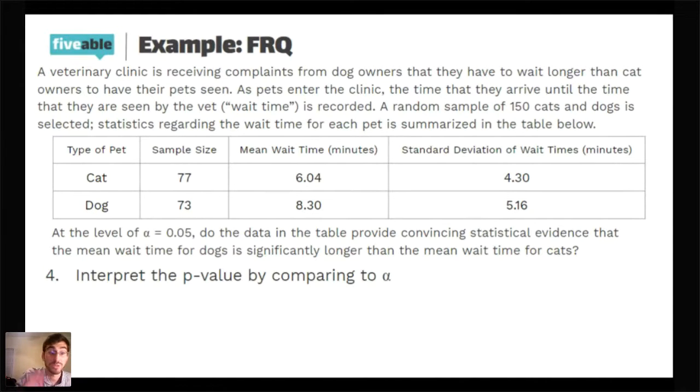Yeah. So in terms of, like, Brian, your statement was correct. Because the p-value is less than 0.05, we have enough evidence to go with the alternative. When writing conclusions on the AP exam, what they're looking for is, before you make your conclusion about the alternative, you have to make a statement about the null hypothesis. So the three things we're looking for is, did you compare the p-value to 0.05?